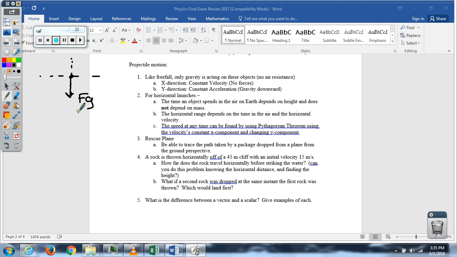So in more advanced studies, you would learn more about the effects of air resistance, but if you really want to apply physics to the real world in terms of motion through the air, you're going to have to take air resistance into account.